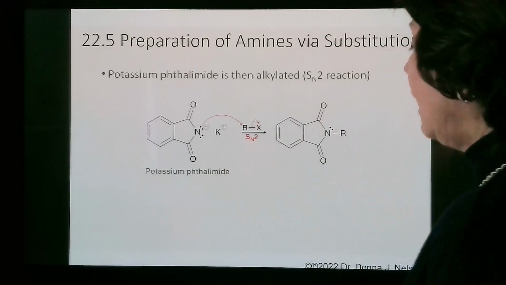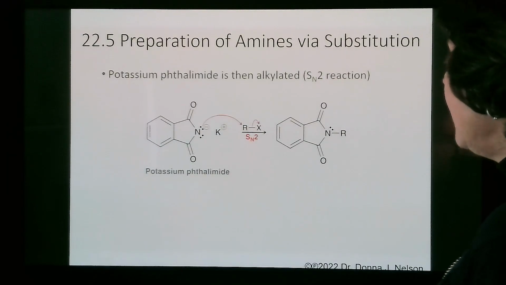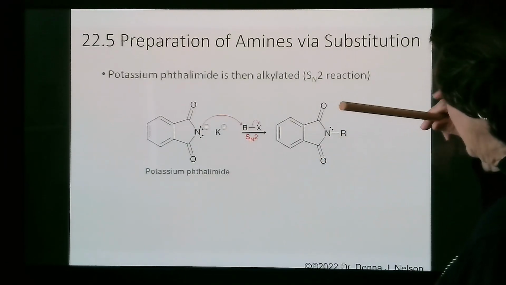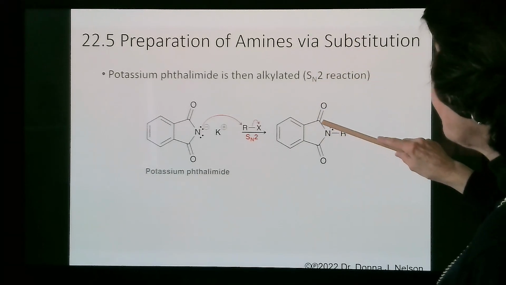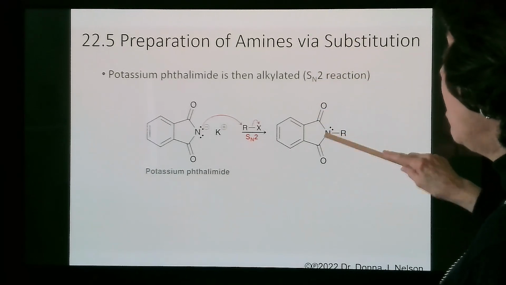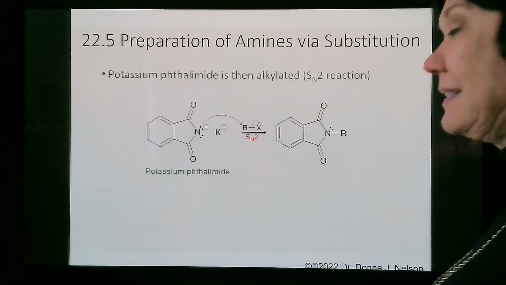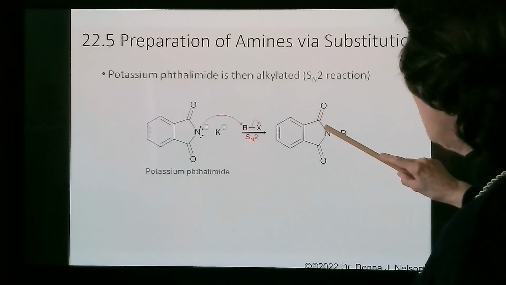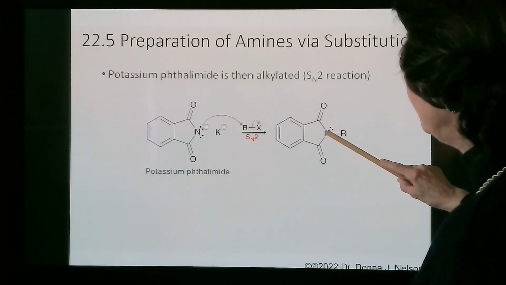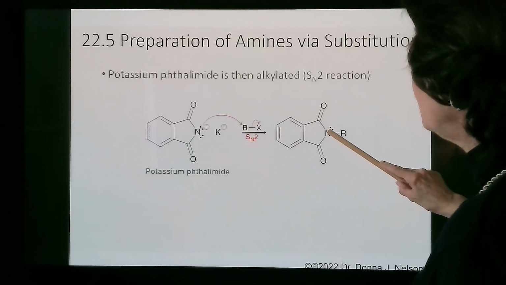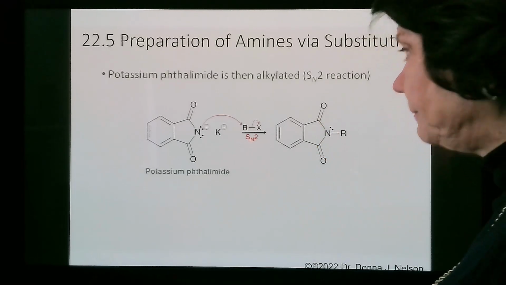This does not immediately go on to form a secondary amine because the other two positions on nitrogen are blocked with nitrogen-carbon bonds.